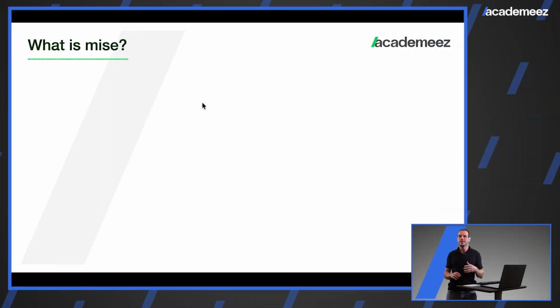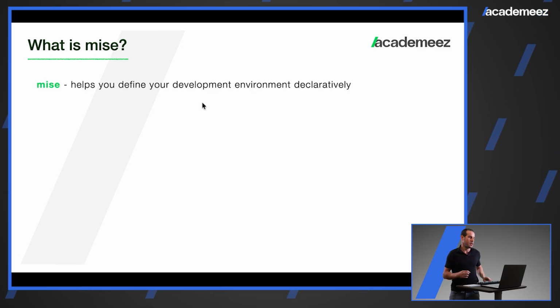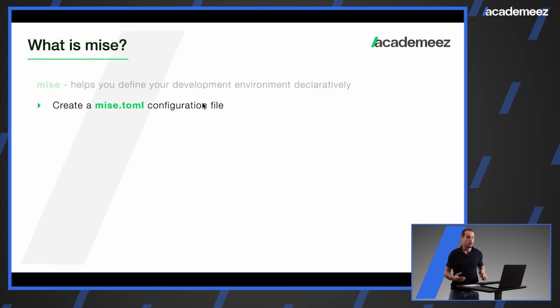So continuing our lesson and creating our development environment using Mise, let's start by first talking about what Mise is. Mise helps you define your development environment in a declarative way. In your root project, you create a file called mise.toml. This is a configuration file that Mise uses to know exactly what your development environment should look like.